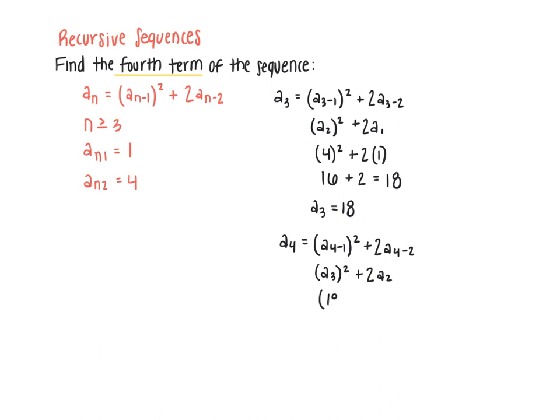So the third term was 18, so 18 squared plus 2 times the second term, which was 4. So here I have 324 plus 8, which gives me 332. So we know that a to the fourth, or the fourth term in this sequence, is equal to 332.